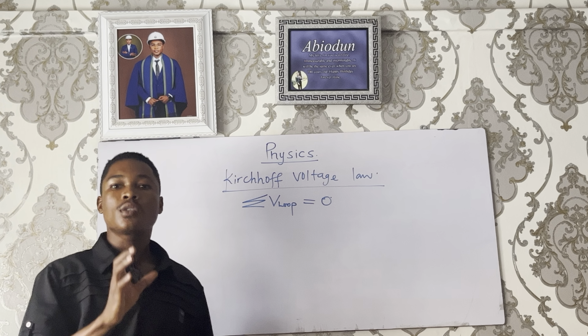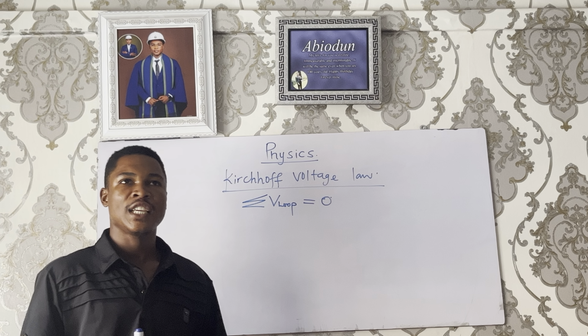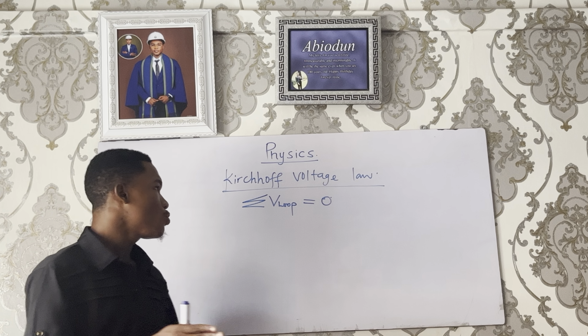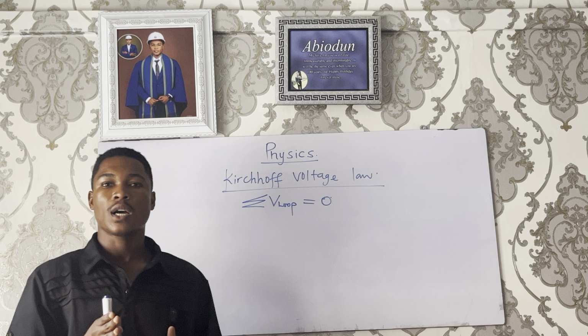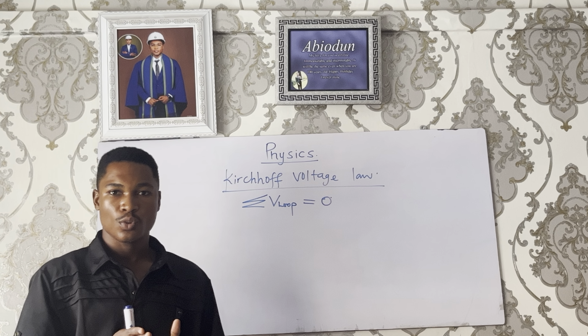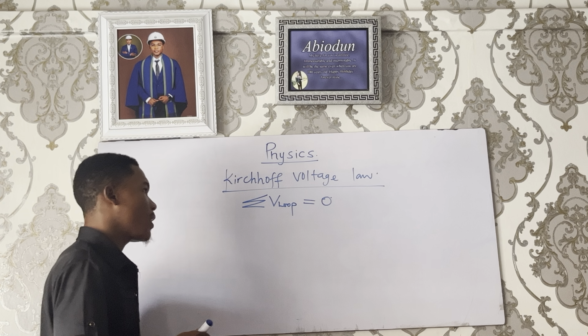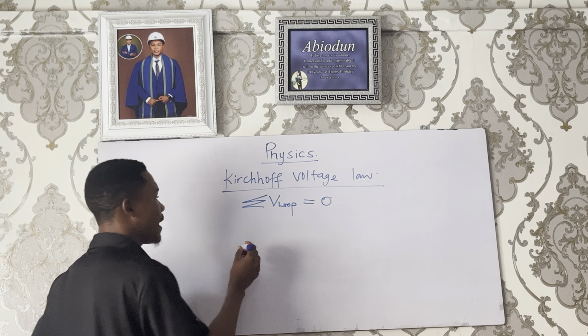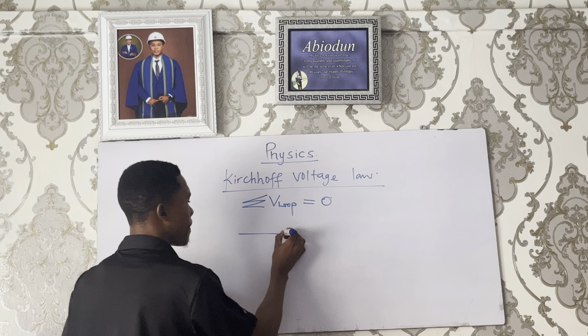But there are some concepts that we have to understand in order to use Kirchhoff voltage law and Kirchhoff current law to analyze circuits in physics. Now let's take a look at this. Let's say I have a circuit in this manner.